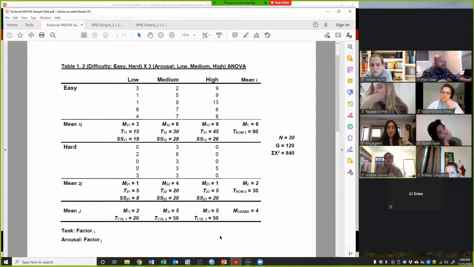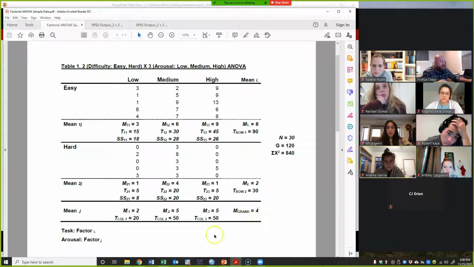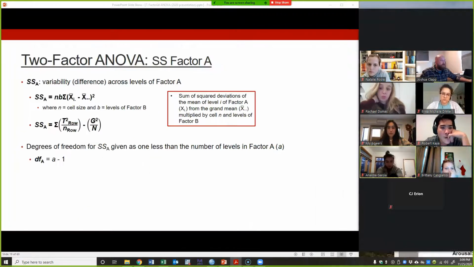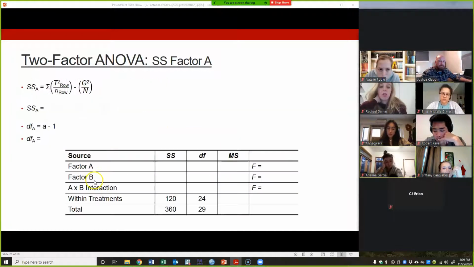So my sum of squares for factor A is going to be 2 minus 4 squared plus 5 minus 4 squared plus 5 minus 4 squared. We're looking at differences across the overall average for levels of that factor, ignoring other stuff. Then we multiply that by the number of levels and the number of people in each level.